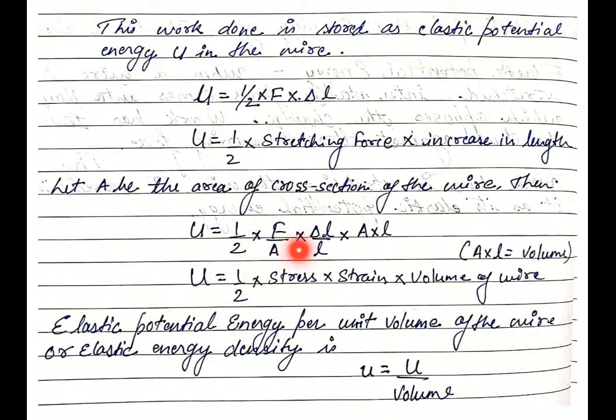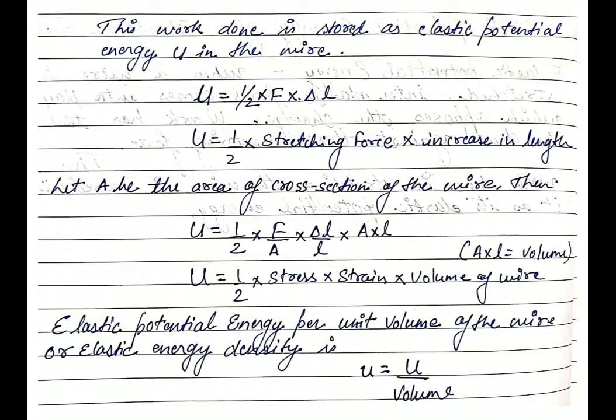Let us see in the second expression, U is equal to half. This F upon A becomes stress, as you already know that force upon area is stress. Delta L upon L, change in dimension upon original dimension, is strain, and area into length is equal to volume. So we write the volume of the wire here. This expression gives you the elastic potential energy.